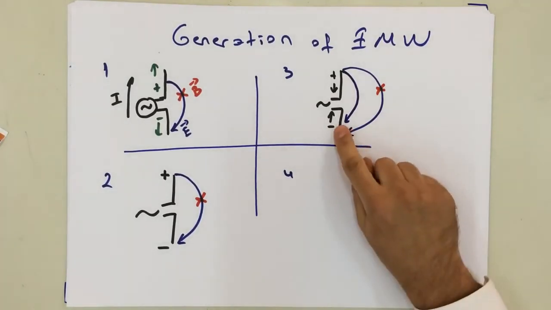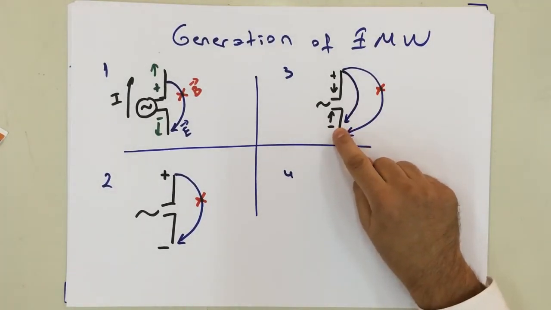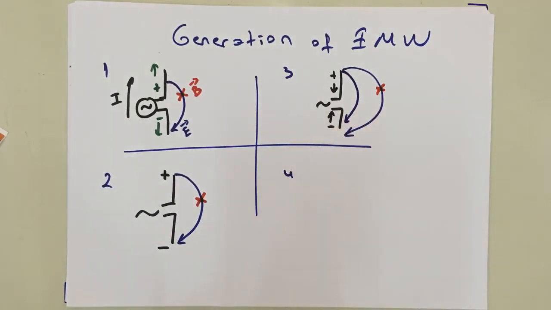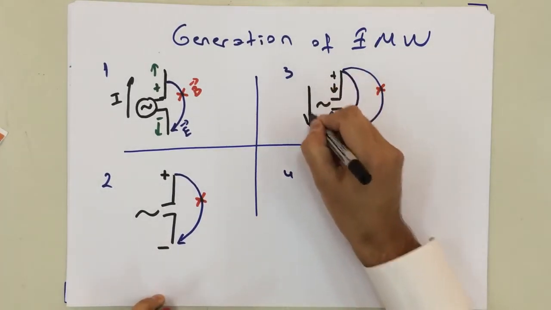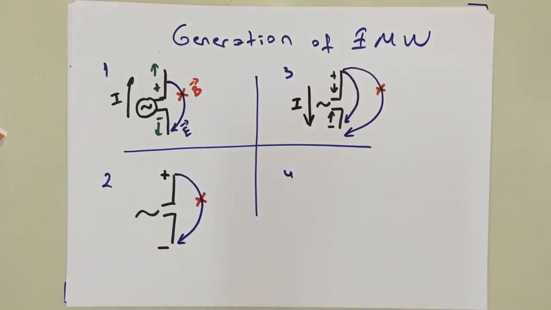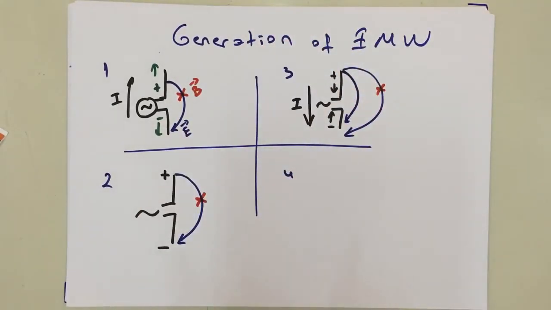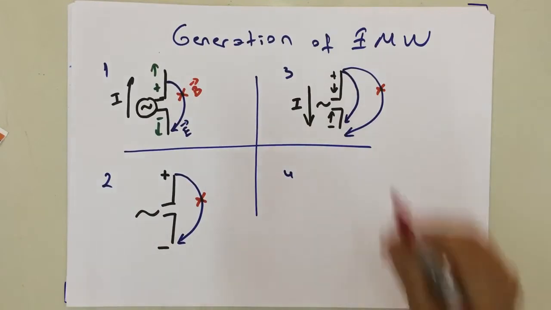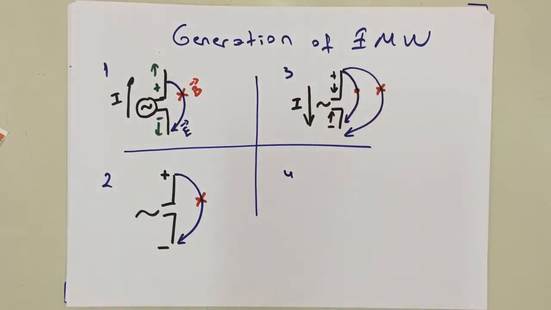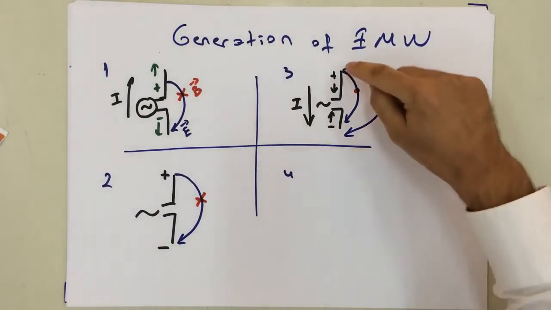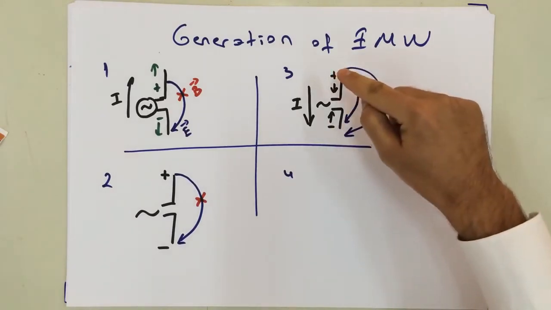But the direction of the negative charge is reversed. Then we can indicate the direction of current down. According to the right-hand rule, current down means the field will be directed out of the page. This is the magnetic field.